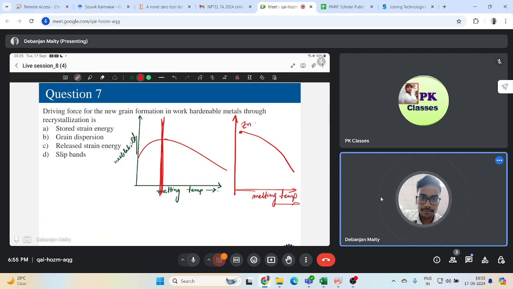Can you name a few more low melting point metals? You have tin, you have lead also. They are very low in their melting temperature.